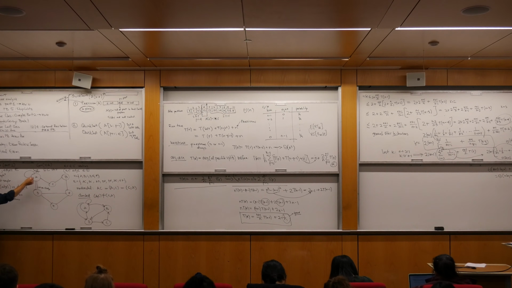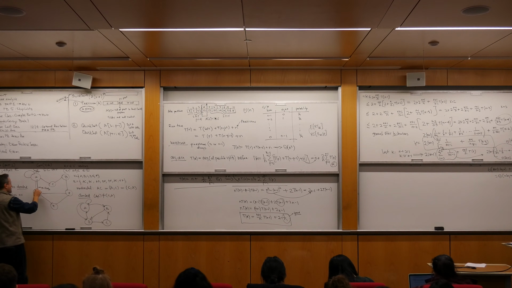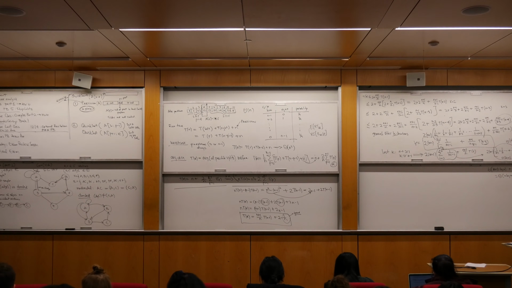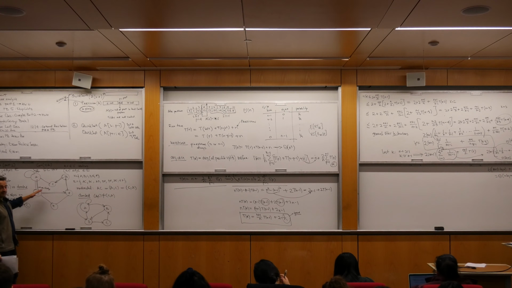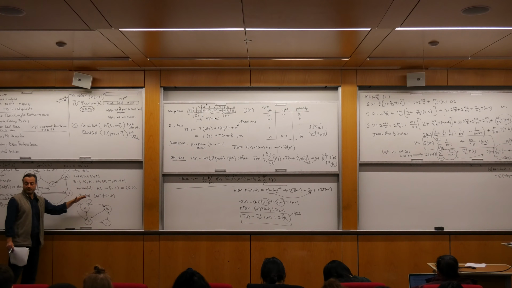I start from A, I can go to D. From D, I can go to F. From F, I can go to B. And from B, I can go to C. That's a path: A, D, F, B, C. I follow a sequence of edges, but they have to be incident. If my last edge ended in D, the next edge has to start from D. I can't jump around.